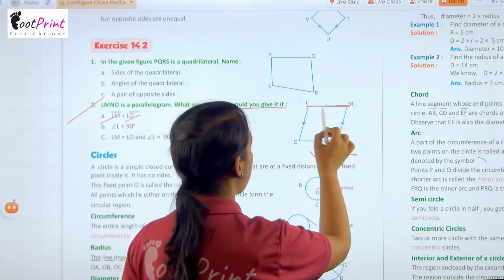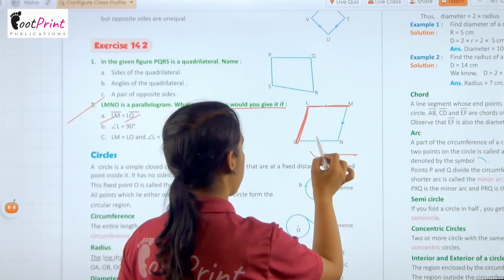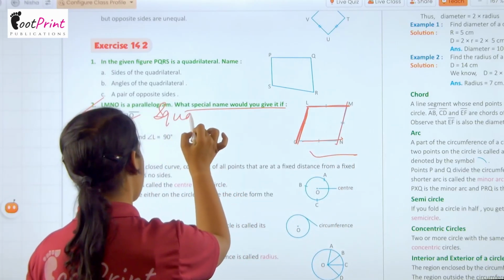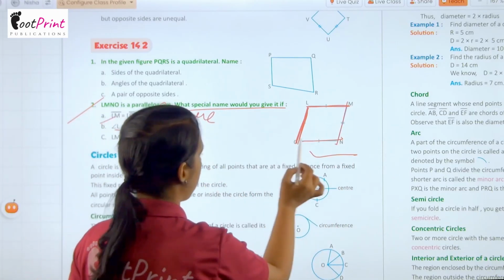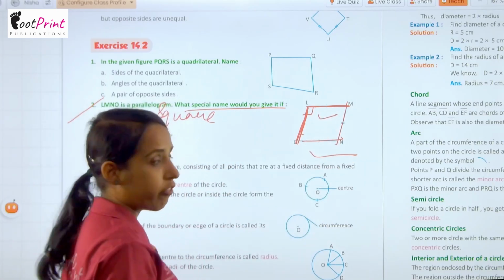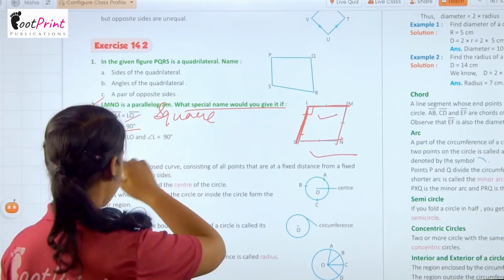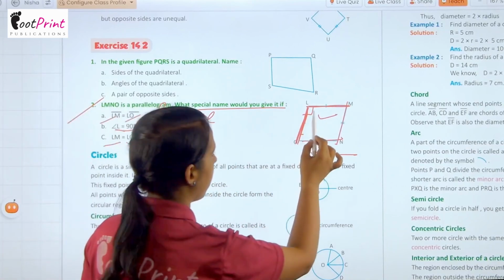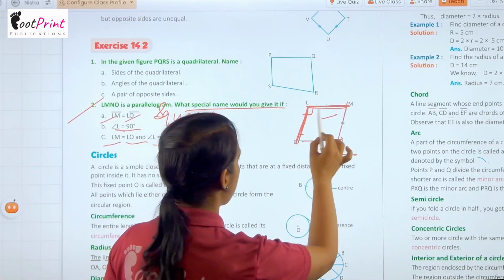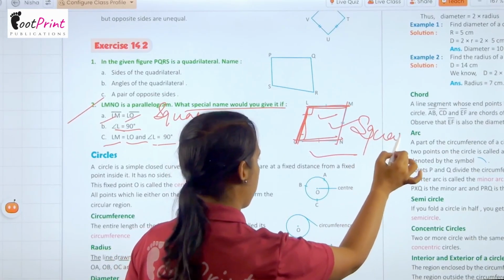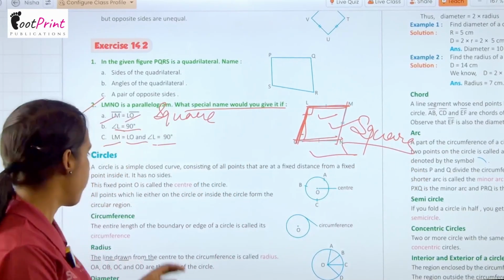It means the other sides will also be equal, this one too. So we can say that one is a square. Okay, angle L is 90 degrees. So that means the quality of a square: LM equals LO and L is 90 degrees. This also shows it is a square. Okay, this is our answer.